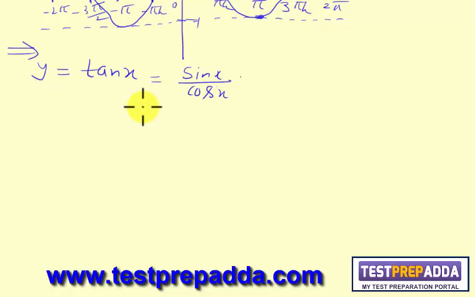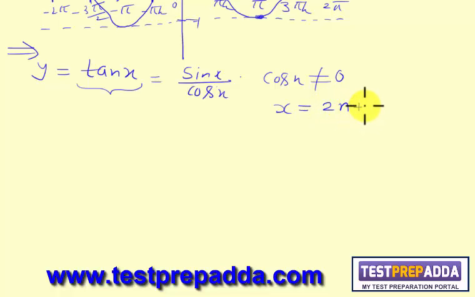That is why this function is not defined for all those values of x where cos x is 0. Okay, and for what values of x will cos x be 0?